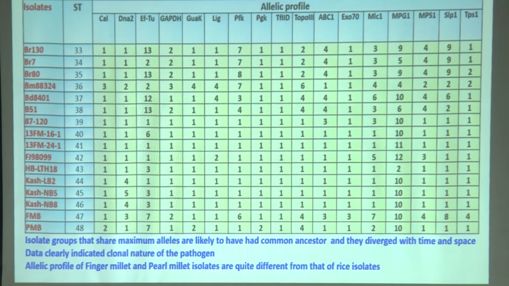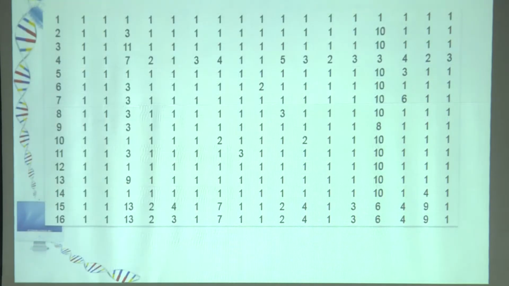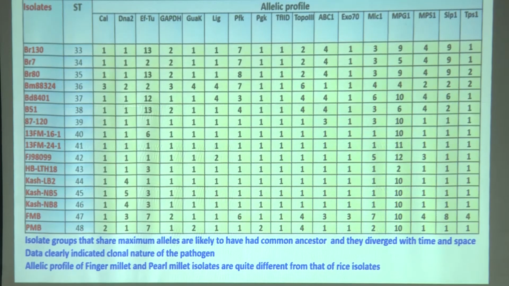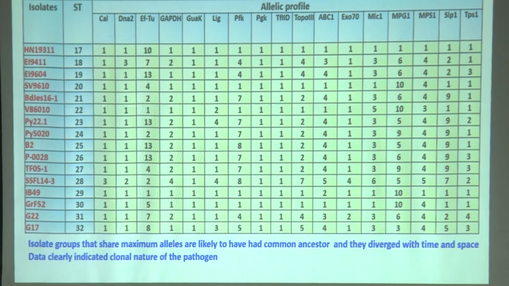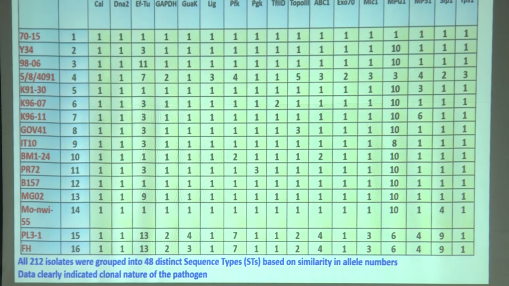This is input data which you can take on board for MLST analysis. I told you 212 isolates, right? But if you see the previous slide, we reduced to a certain number, and that is highlighted here: 48 distinct sequence types. What is the meaning of it?